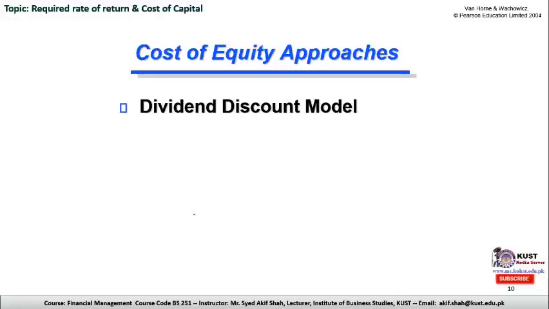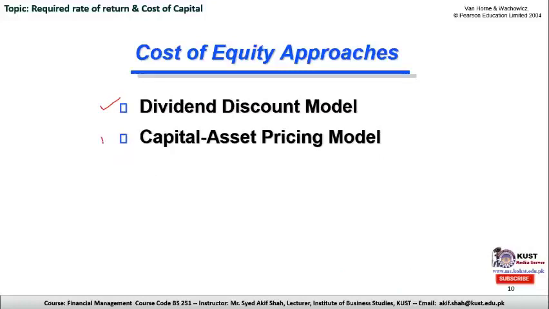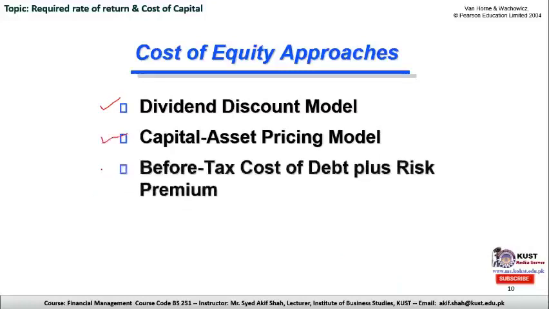Number one is to use the dividend discount model. The second approach is to use the capital asset pricing model. And last but not least is the before-tax cost of debt plus risk premium approach. The emphasis on these three approaches will be discussed shortly.